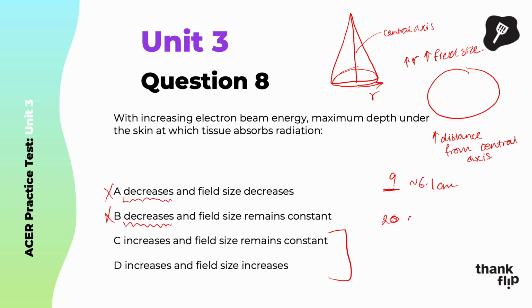And with 20, it's around, let's say, almost 8. Let's say 7.8, and we'll do 6.2 for this one. So as electron beam intensity increases, the field size also increases. And so we can say that the correct answer is answer D.